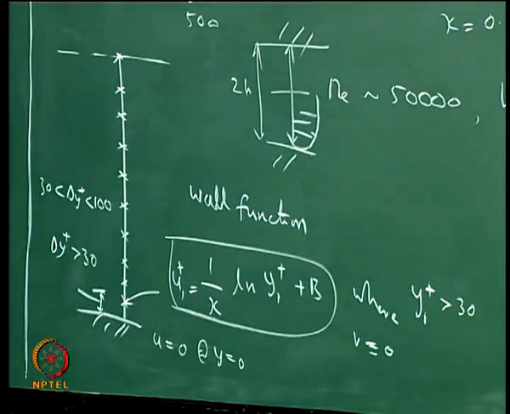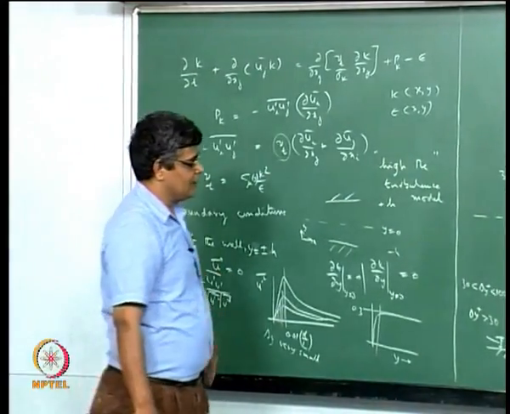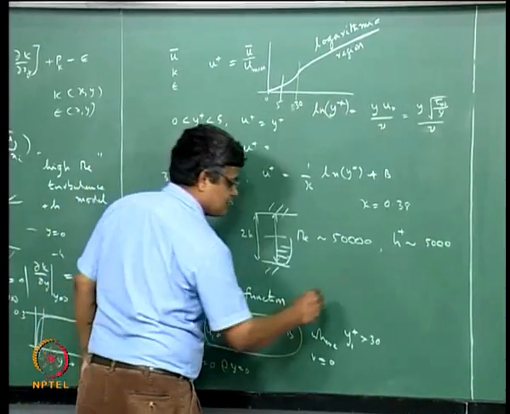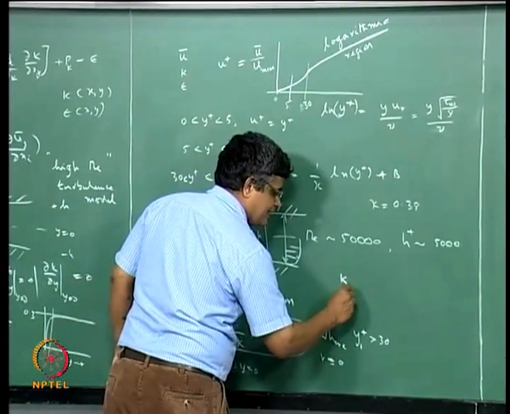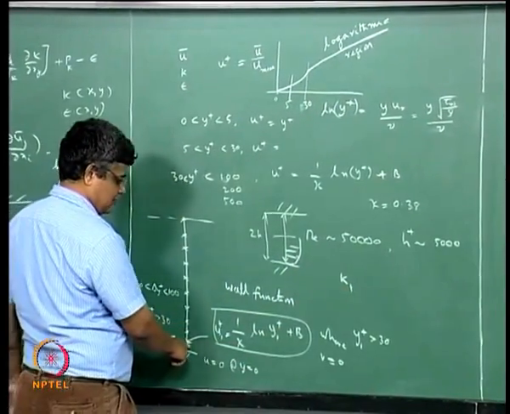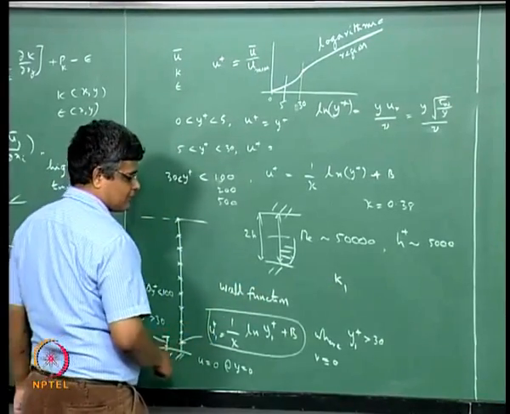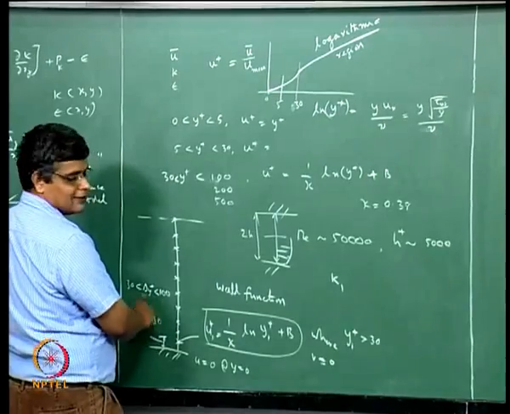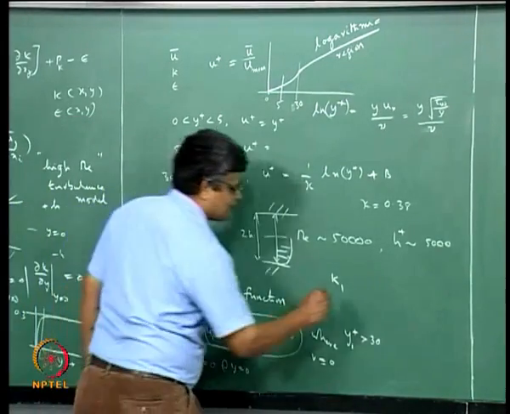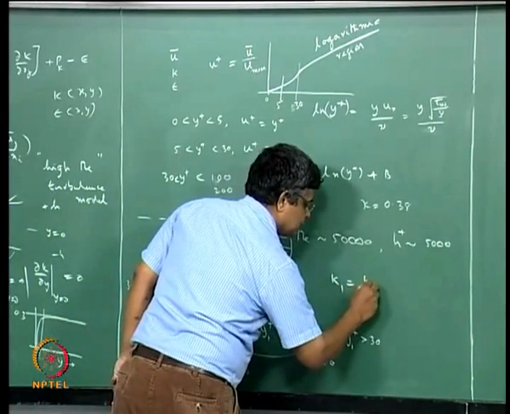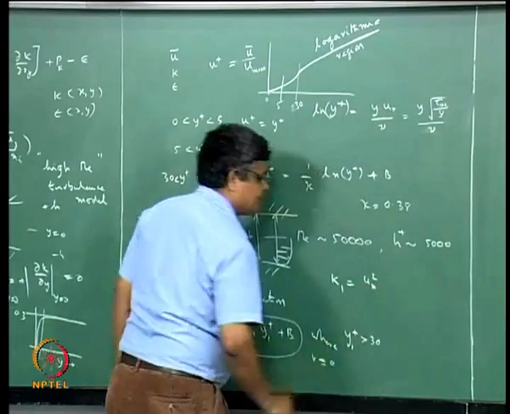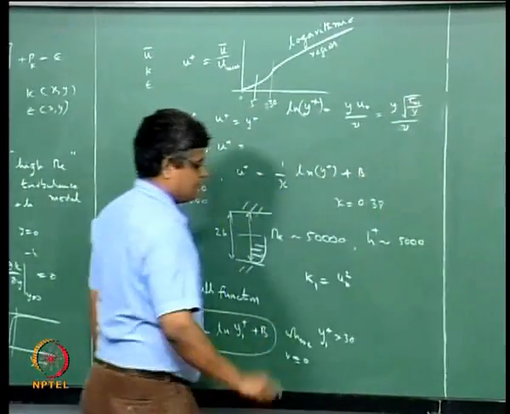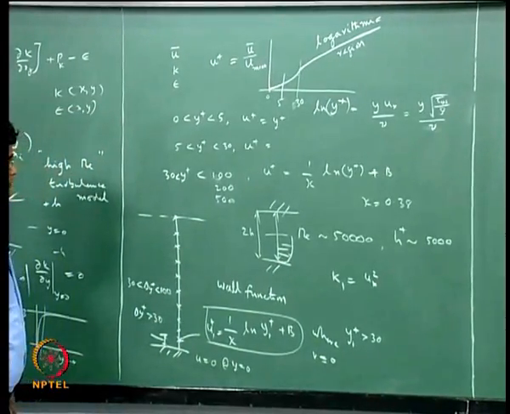What about k and epsilon? Even k and epsilon are given by similar functional values. One can show that k1, that is the turbulent kinetic energy at the first point, provided the first point is between 30 and 100 in terms of y plus, is equal to u star square, where u star square is given in terms of this, and one can show something like this.